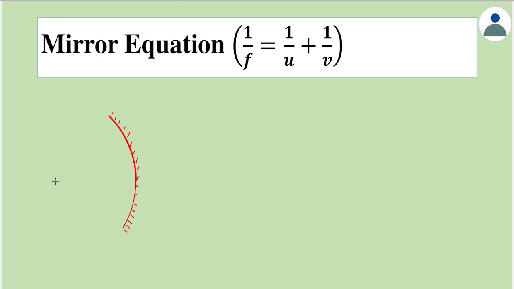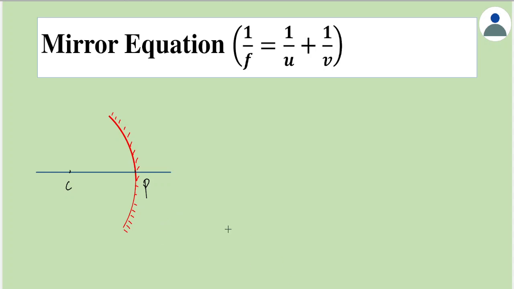Let us draw its principal axis. This point here is called the pole. Somewhere here is the center of curvature.